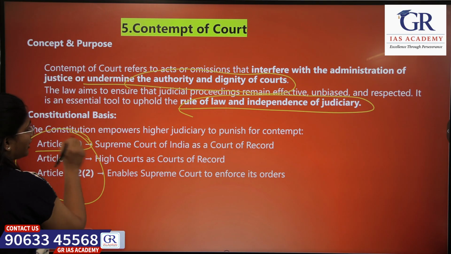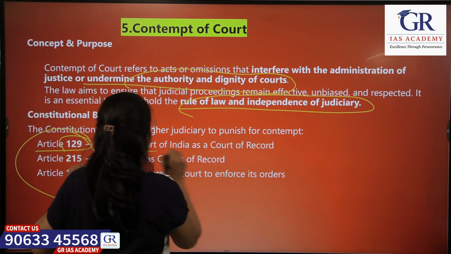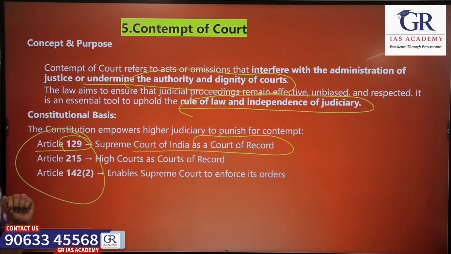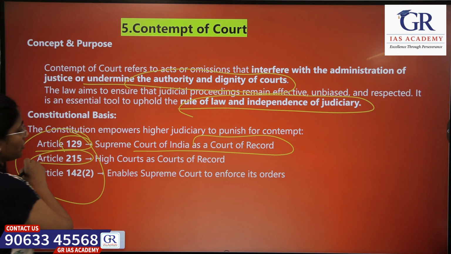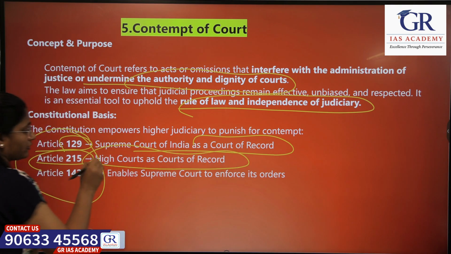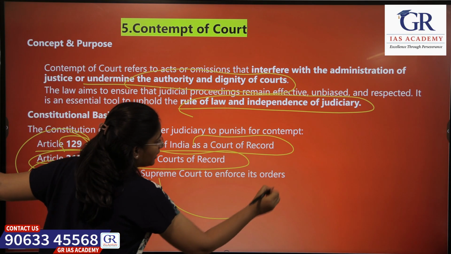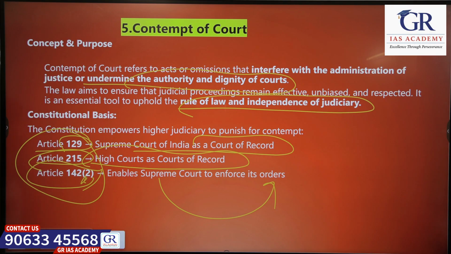That is Article 129. According to this article, the Supreme Court is called a court of record, and according to Article 215, High Courts are courts of record. Article 142 subclause 2 enables the Supreme Court to enforce its orders.